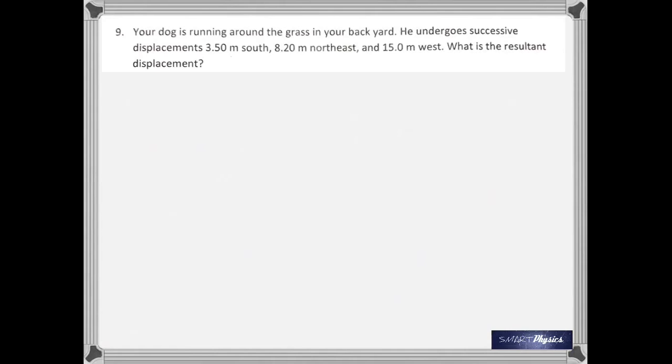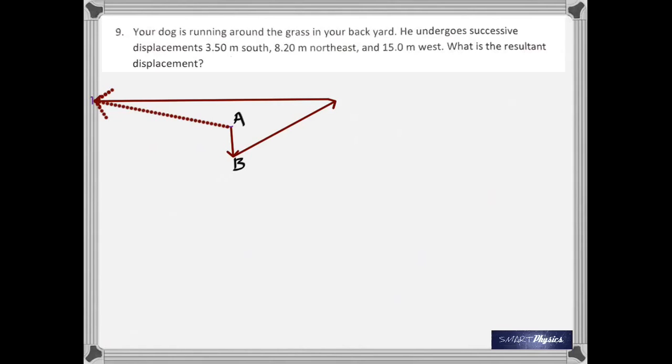Okay, now here you have a dog running around. Goes 3.5 meters to the south, 8.20 meters northeast. Okay, so AB is to the south. BC is to the northeast, that's 8.20 meters, and CD is 15 meters to the west. And the resultant displacement is AD. Well, that angle is 45 degrees because it says northeast.